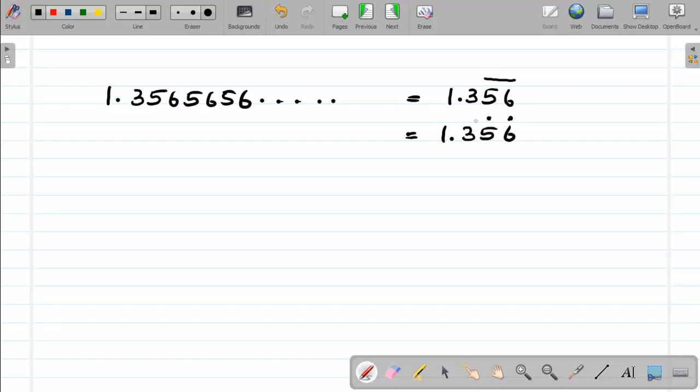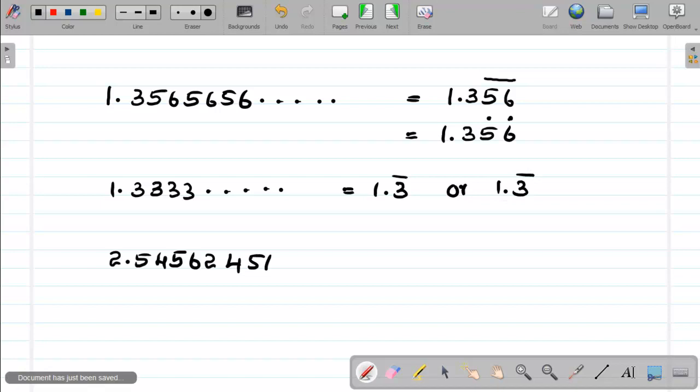The presence of this dot or bar shows that these two digits are repeating after the decimal point. Suppose in the case of 1.3333 and so on, here after the decimal point the digit 3 is repeating. So you can write 1.3 with a bar, or with a dot.